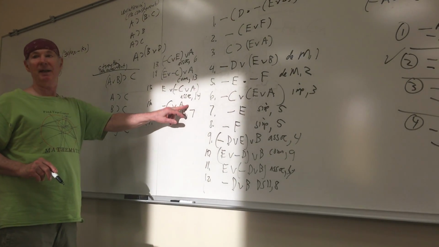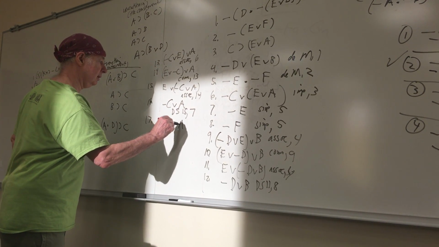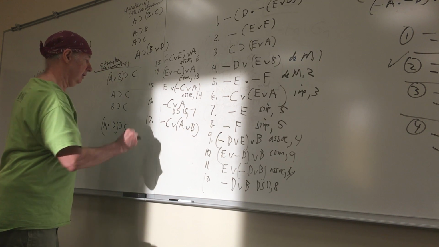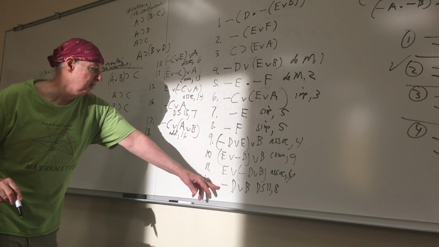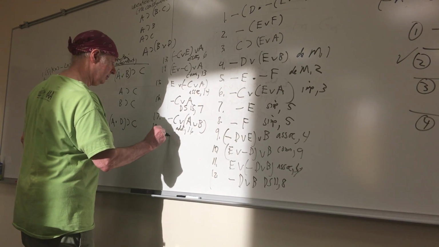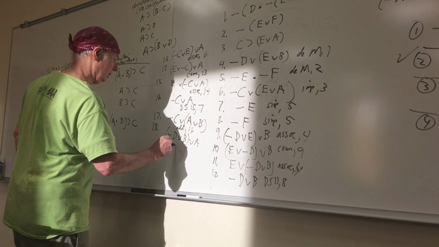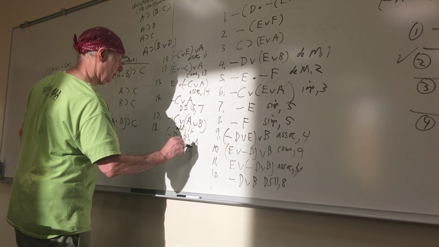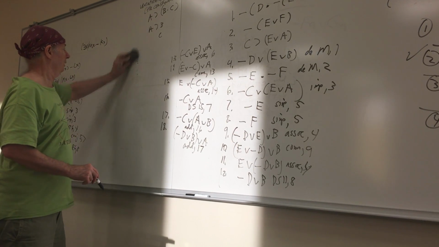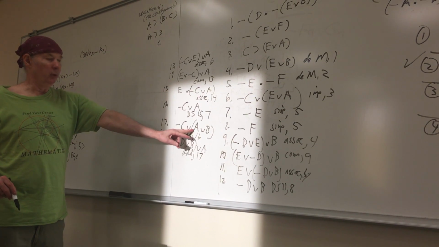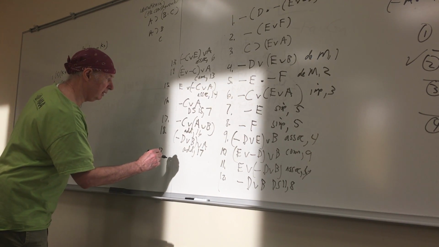So we have to add something to this, and we'll add B to it. And we have to add something to this, and we'll add A to it. Now, we have to regroup our parentheses on both.